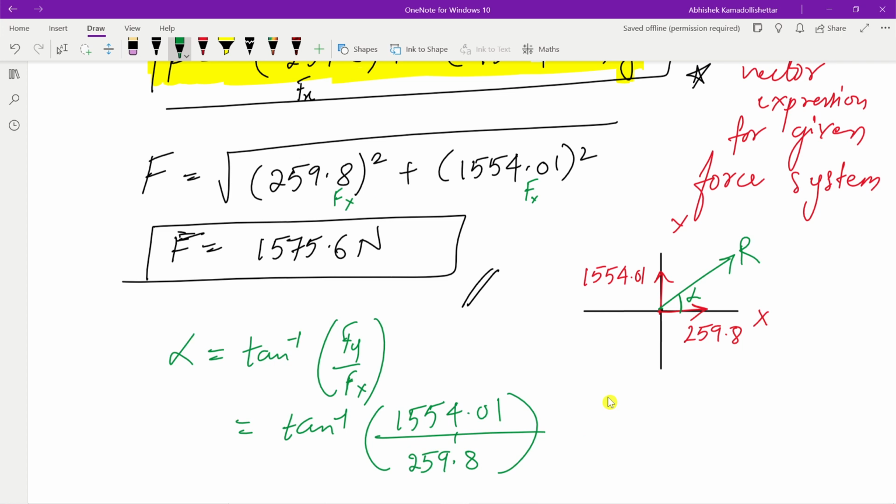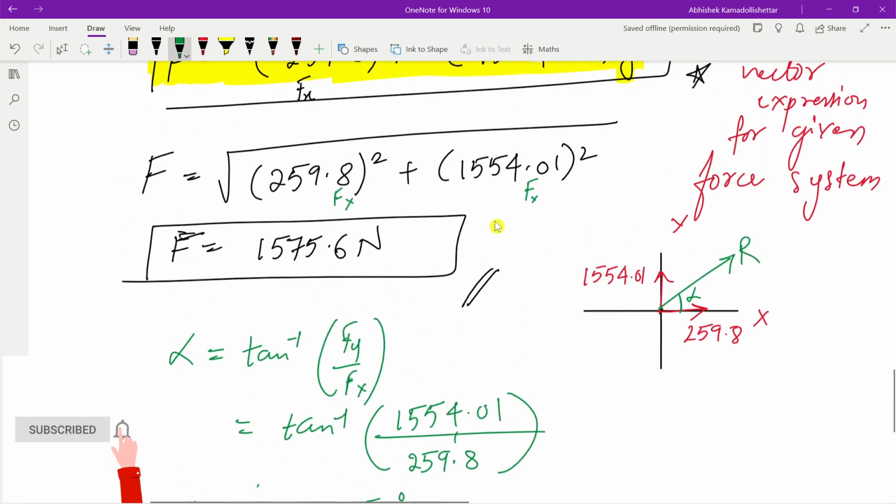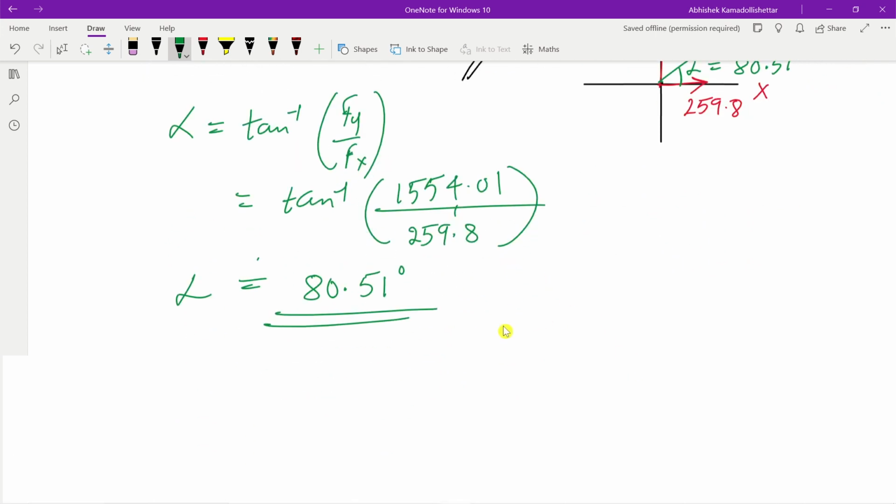Okay, so let's do this calculation. This value is around 80.51 degrees. So the alpha angle is 80.51 degrees.